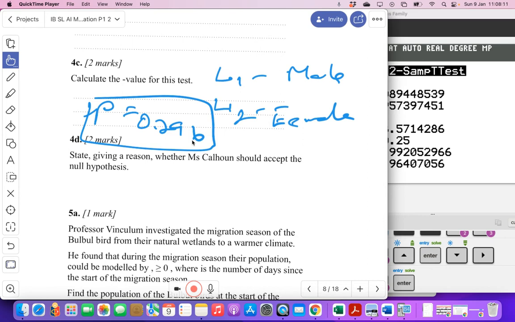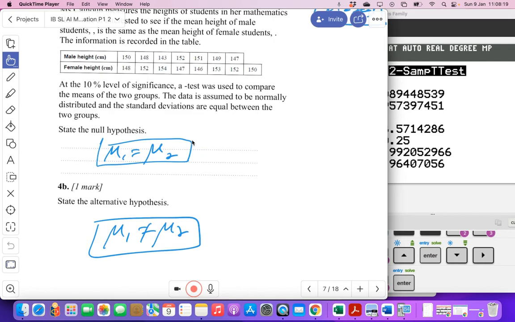This is a high value. It's almost 30%. And again, recall from our question here that we were doing a 10% level of significance here. So we're comparing all our values to 0.1.